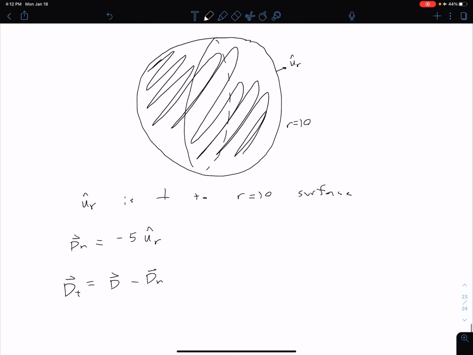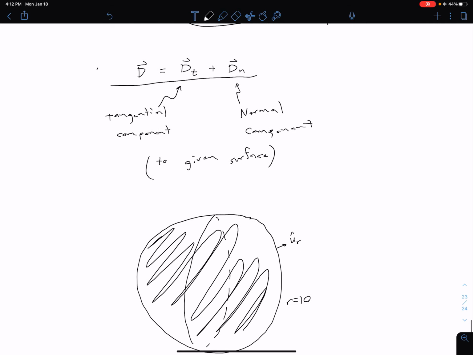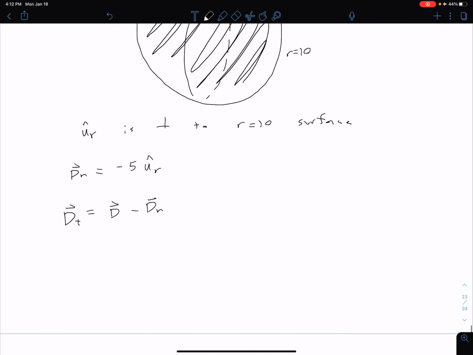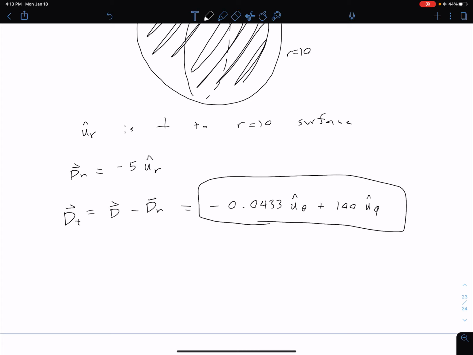Just rearranging this equation here, we can find our tangential component. And that turns out to be the two remaining components, so our theta and our phi component: -0.0433 in our theta direction, plus 100 in our phi direction. And so that would be our answer for part 2.